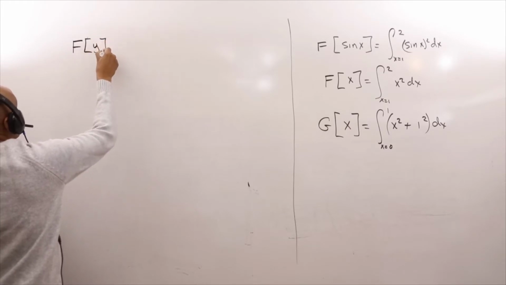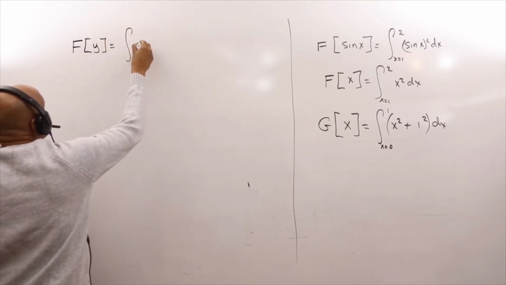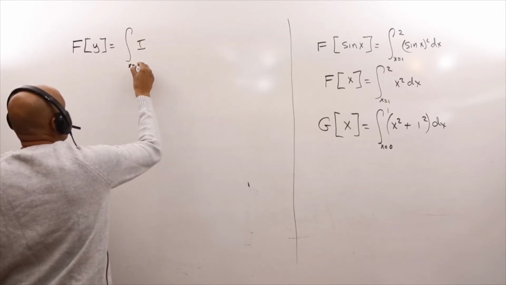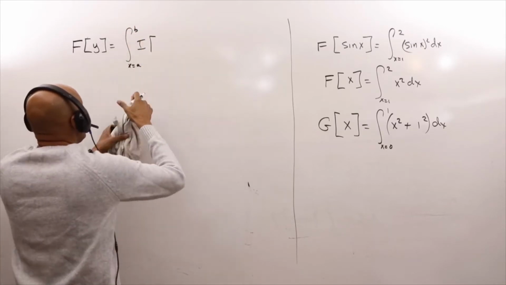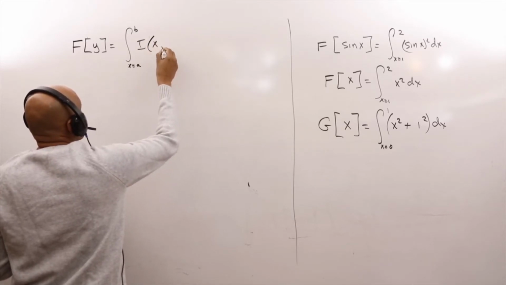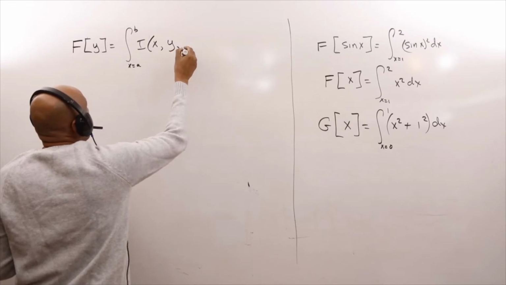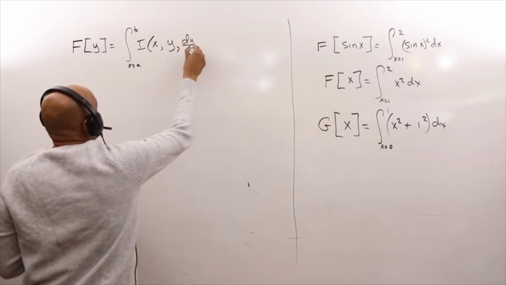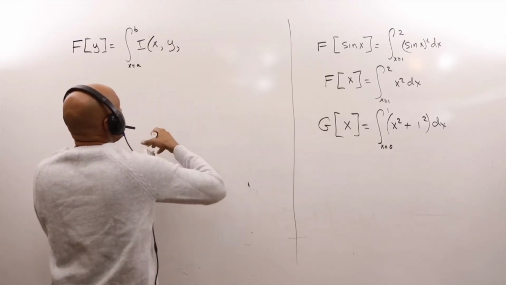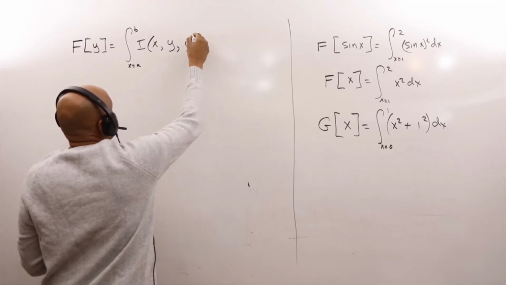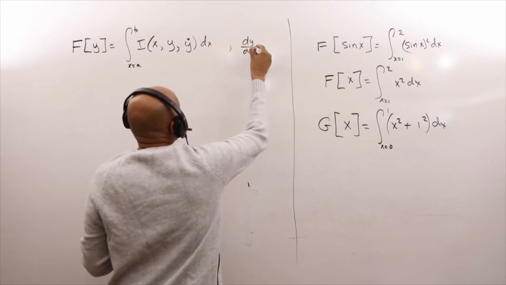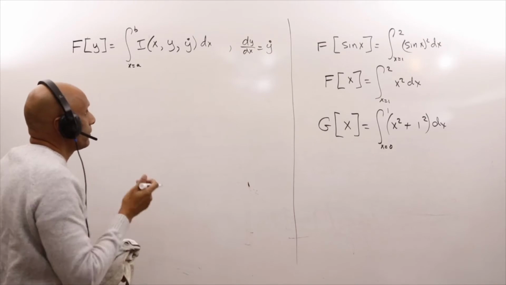So y, and in the first example, I'll assume that this integrand goes from point A to B, and it's a function of the independent variable x, and also a function of y, and also the first derivative of y with respect to x. Because dy/dx is very painful to write, I'm just going to use Newton notation, which is really a single dot. Just note that dy/dx is going to be denoted by a single dot right above y.